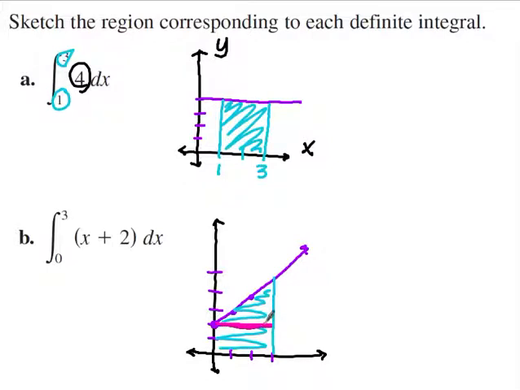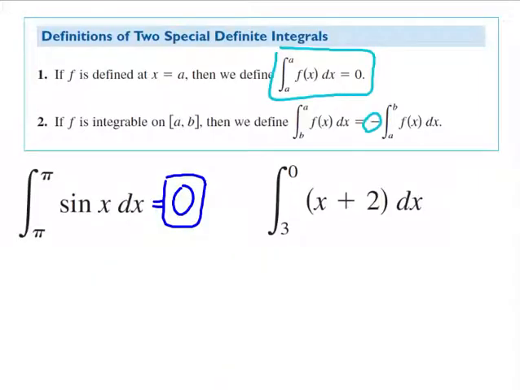What's the area of this rectangle here? 6. This triangle is 3 by 3, so it'll be 4.5. So what would be the area of that trapezoid? 10.5. So let's go back to this one. What would the area of this be? Negative 10.5. That's easy.